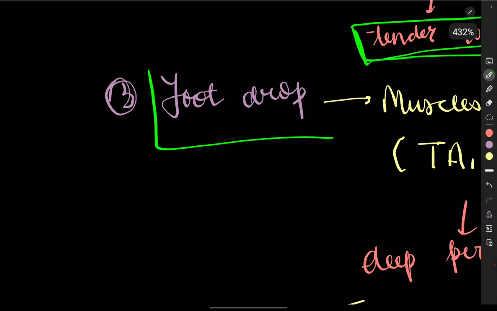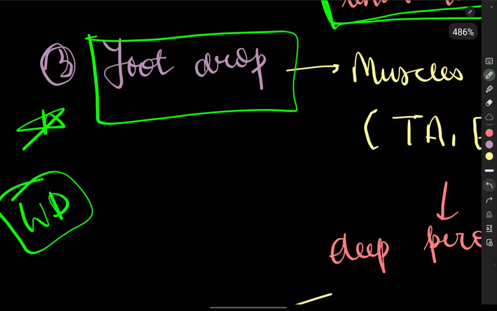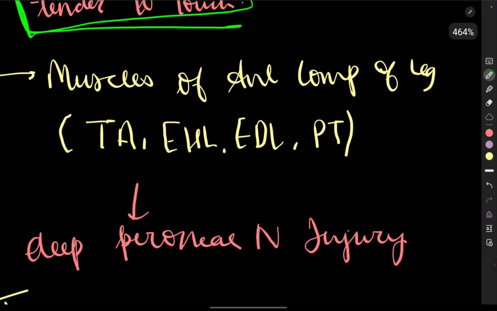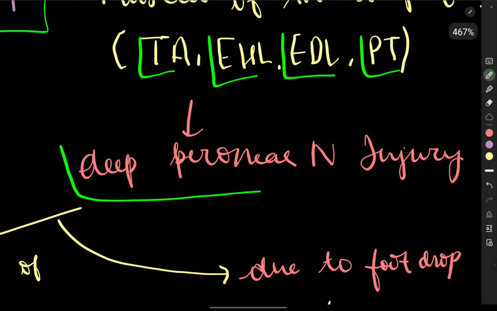Now talking about foot drop, it is an important thing. In the upper limb we had wrist drop due to radial nerve injury. Here we have foot drop. The muscles of the anterior compartment of the leg, that is the tibialis anterior, extensor hallucis longus, extensor digitorum longus and the peroneus tertius, are supplied by the deep peroneal nerve, right?